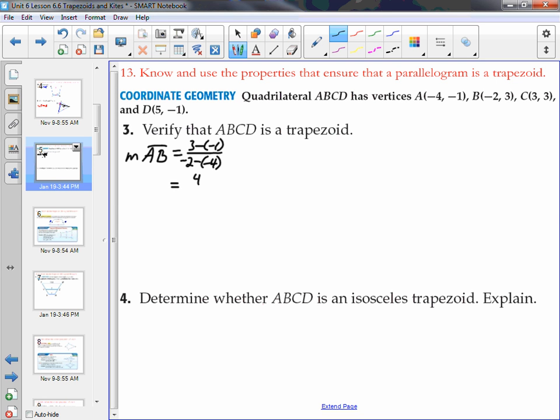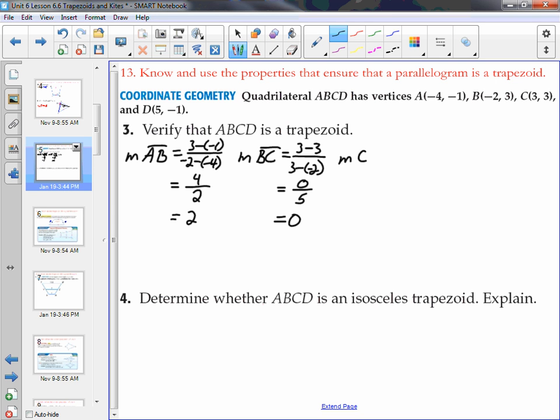That'd be +4 over +2. We get 2. Then let's find the slope of segment BC. So that's going to be 3 minus 3 over 3 minus -2. That's 0 over 5. That's 0. So that segment's horizontal, isn't it?